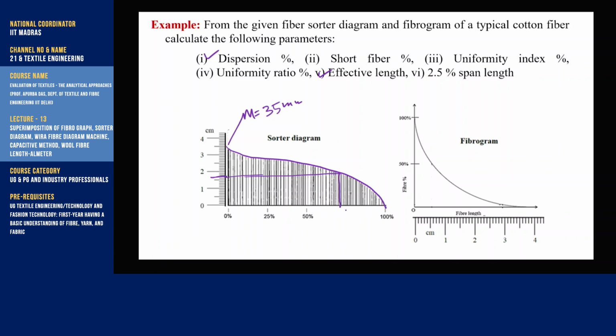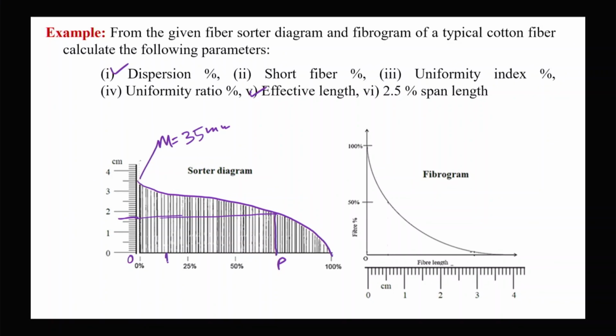This is the point P. Say this is OP, and we take 1/4 of OP, this is Q. Then we take another line, Q dash, and this is P dash.